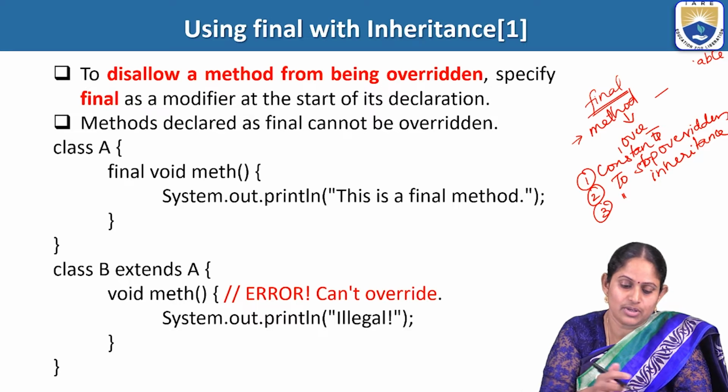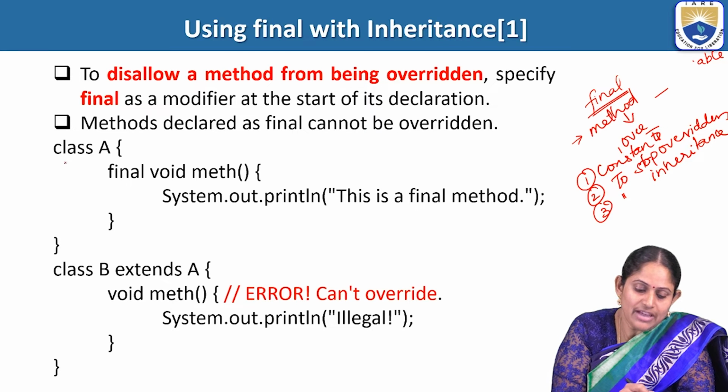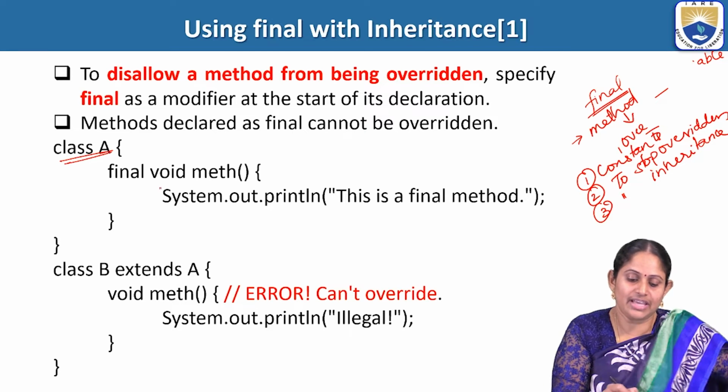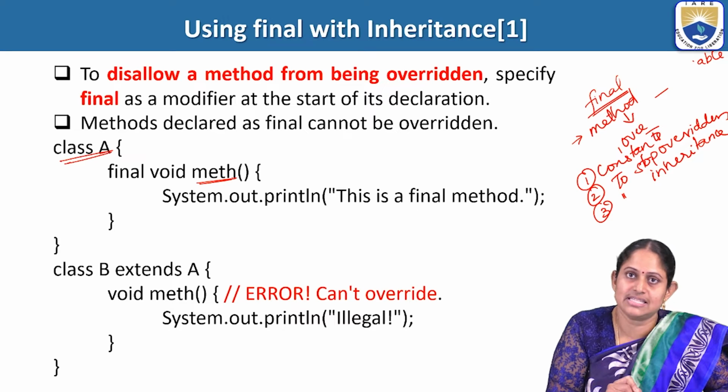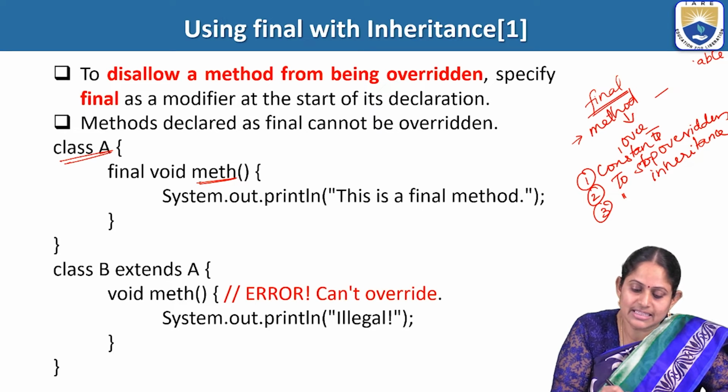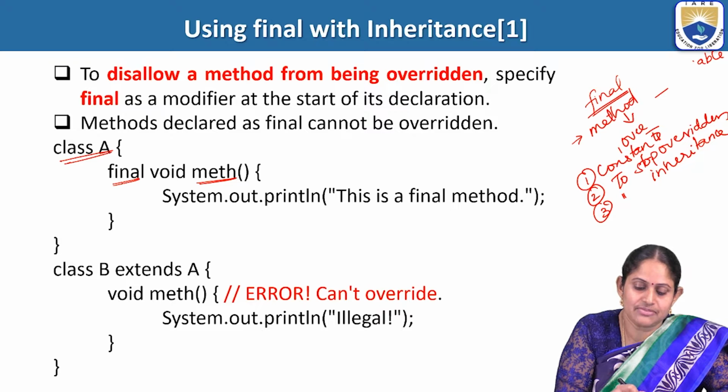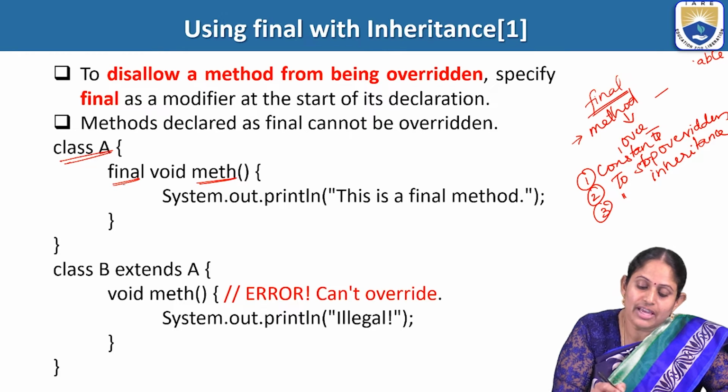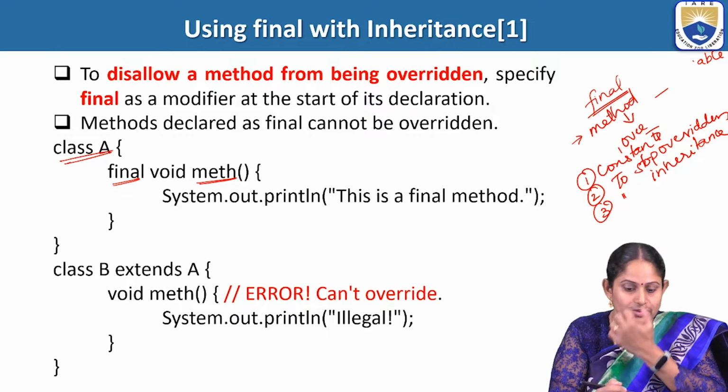How can we use it? We'll just look into an example. We have a class defined, and we have a method named meth inside the class. We are declaring this method as final void meth. That means this method is declared as final. So if we declare any method as final, then you cannot override that method in its subclass.